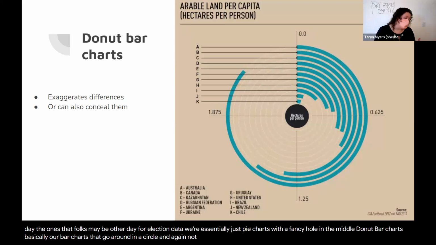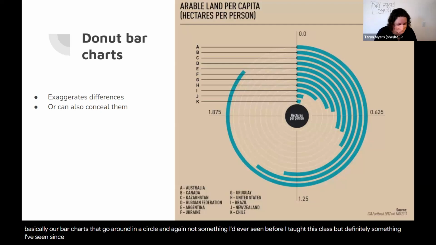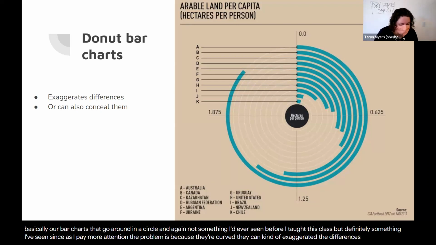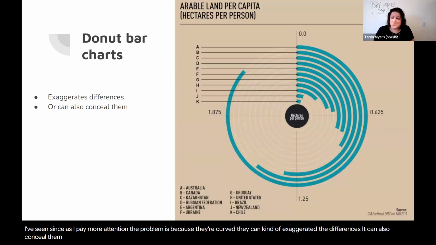And again, not something I'd ever seen before I taught this class, but definitely something I've seen since as I pay more attention. The problem is because they're curved, they can kind of exaggerate the differences. And it can also conceal them because of the curvature. And again, it can look like, oh, it's a donut, so it's easy to read, right?